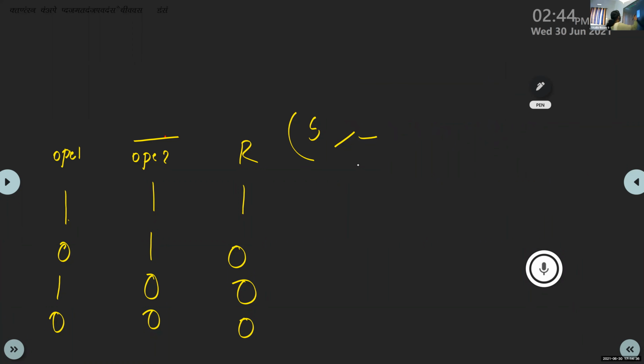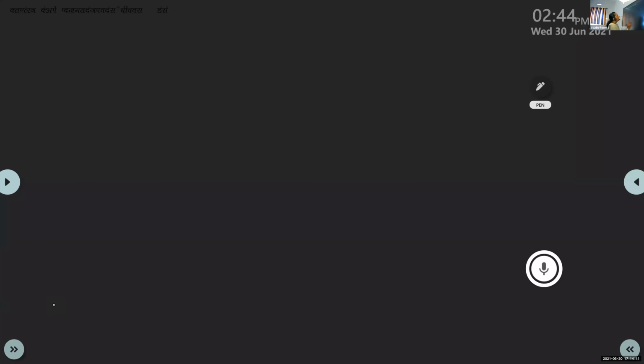Then the next one is the OR operator. What is the OR operator? Just like AND, what is the meaning of OR? Any idea, Tushar? No, ma'am. Okay. Anyone? Only one operand needs to be true. Yes, correct, Abhilash. If any of the operands is true, the result is true.